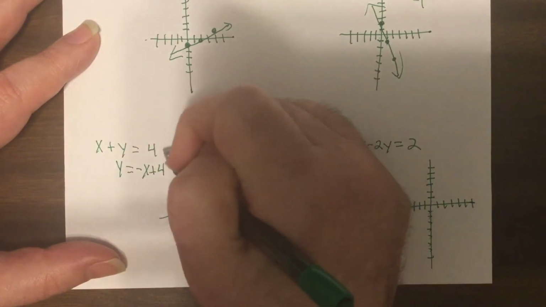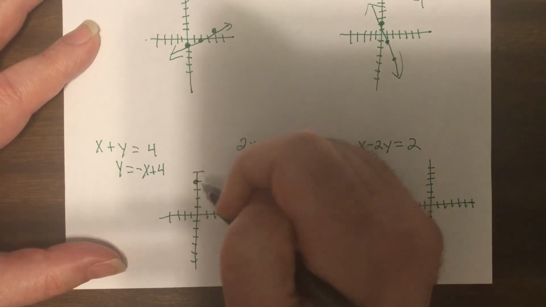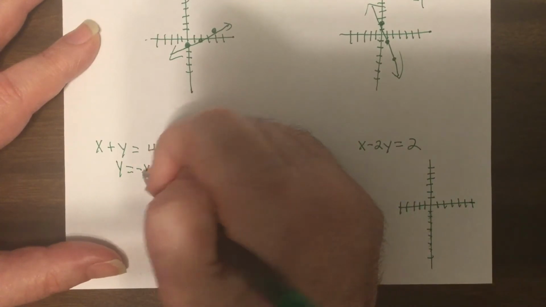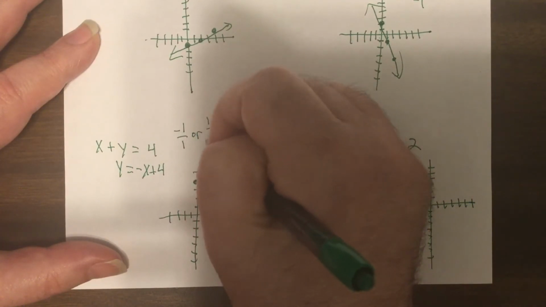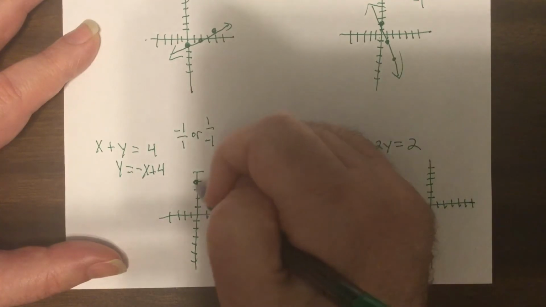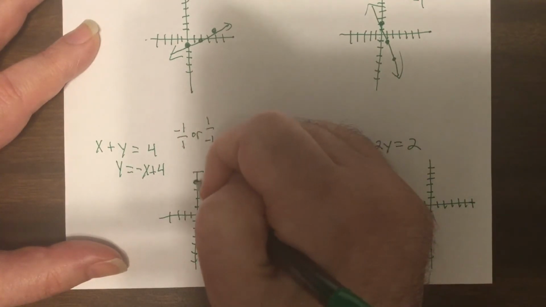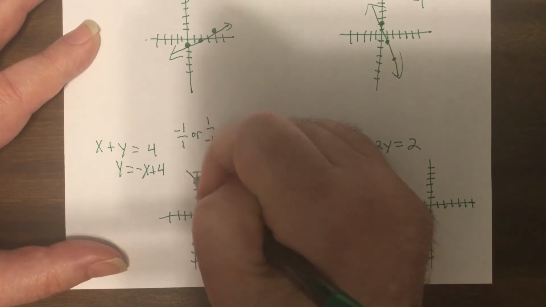So my y-intercept is 4, and my slope is -1. So -1 over 1, or 1 over -1. I'm going to use -1 over 1, which is down 1, right 1, down 1, right 1.